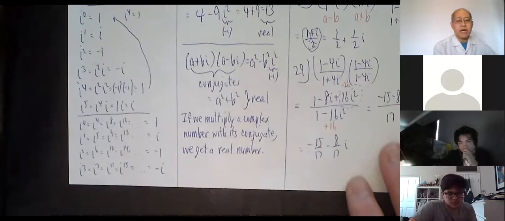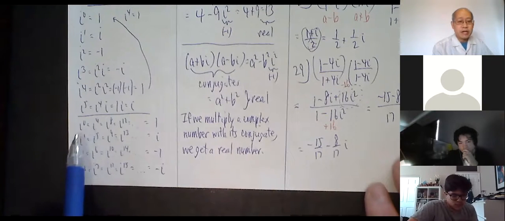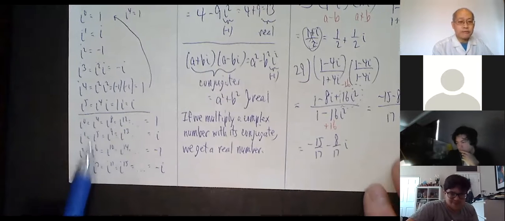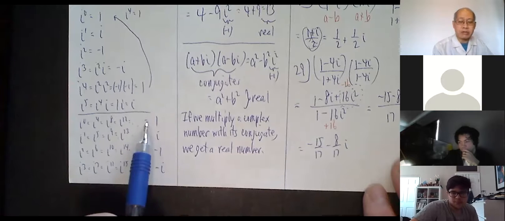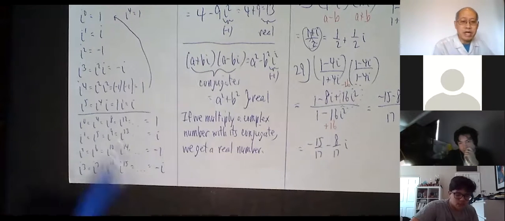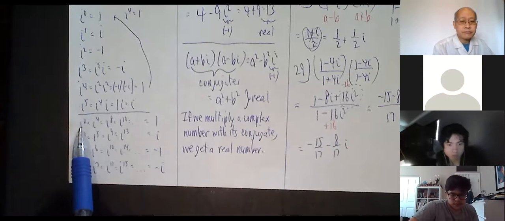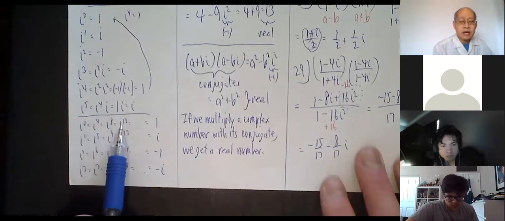I have a little table here. You can put it down or not, it's up to you. It turns out to always cycle for i to the 0, 1, 2, 3, 4, 5. It's going to cycle 1, i, -1, -i, and then bounce back 1, i, -1, -i. So I have a little mini table here. All of these are equal to 1: i to the 0, i to the 4th, i to the 8th, i to the 12th, and so on.